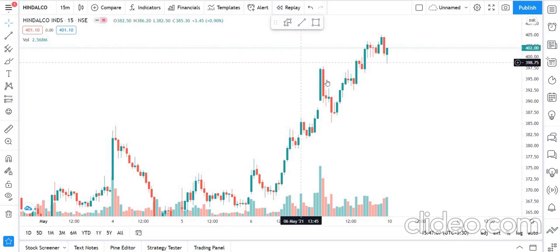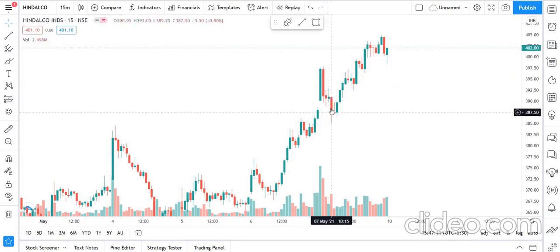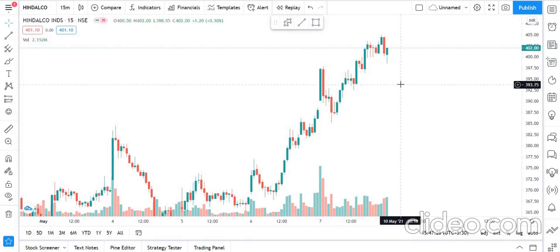Suppose here we have a stock of Hindalco, right? And I thought that I would buy Hindalco above a certain price, say 390, and I'm waiting now for Hindalco to go above 390. It went above 390, I bought the share, but now my target is 400, but it is not achieving.